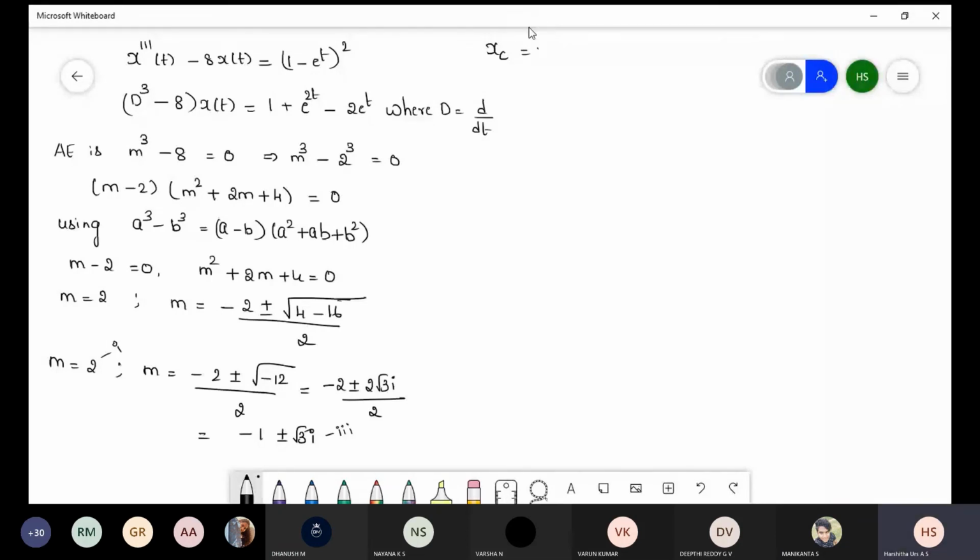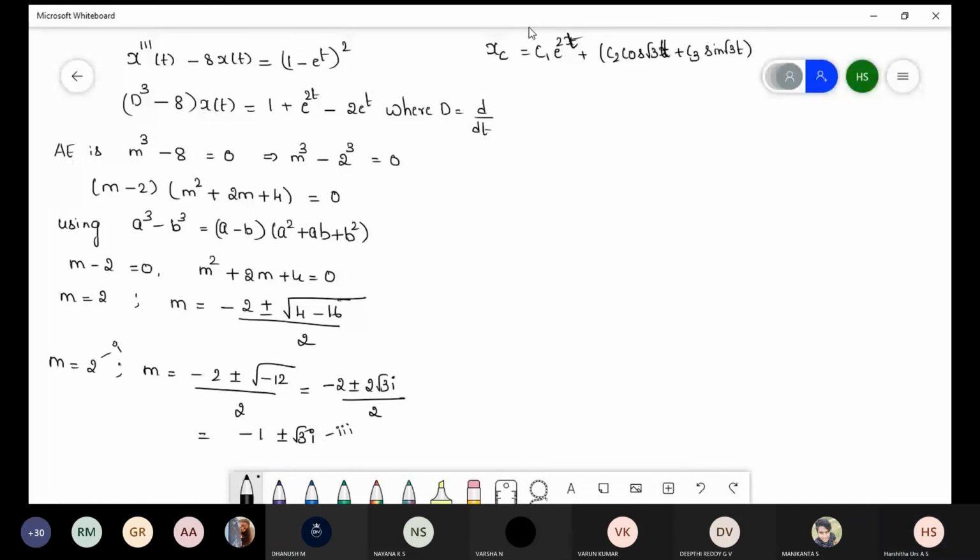So here c1 e power 2t plus again c2, q value is root 3. So cos root 3t plus c3 sine root 3t into e power minus t because p value is minus 1.